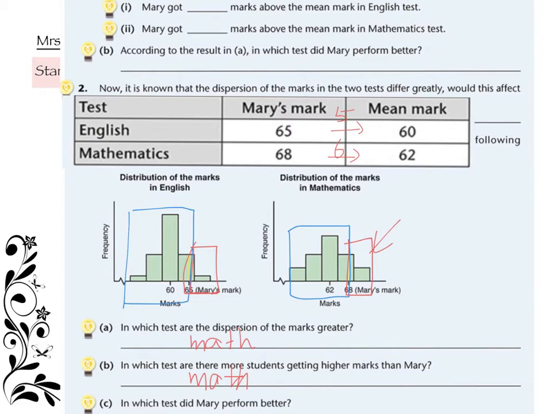So when we look at performance compared to Mary's position in the class, that means she did better in English.